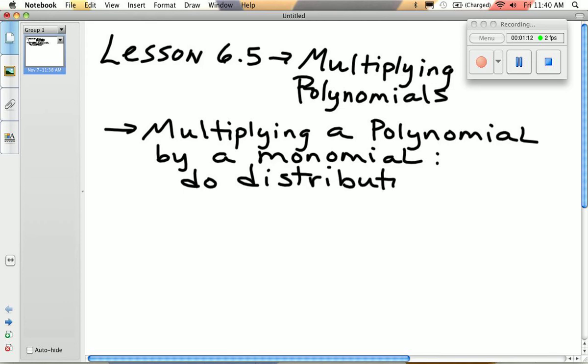You just have to distribute that monomial over all the terms of the other polynomial.